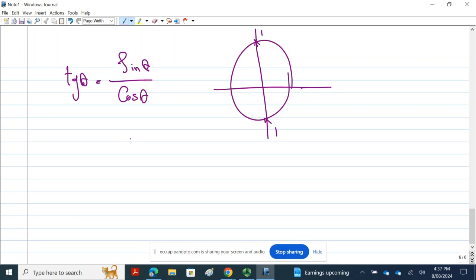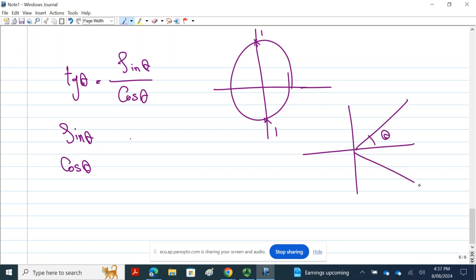Now, check this, sine theta and cosine theta. Then go, this is a practice for you, for math. That's positive theta, that's negative theta, right?